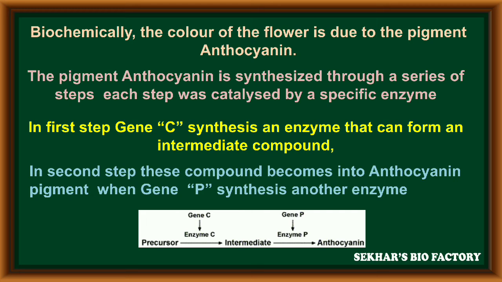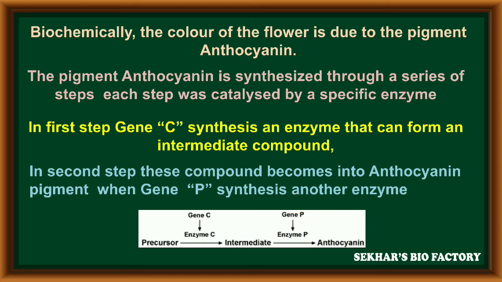In the second step, another gene, the P gene, if it has the capital P dominant allele, can synthesize an enzyme called enzyme P.